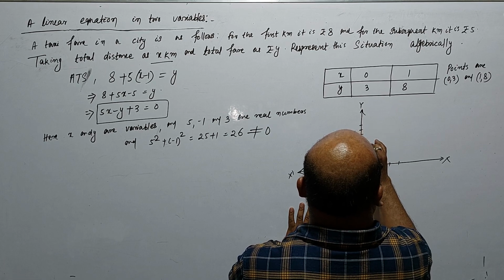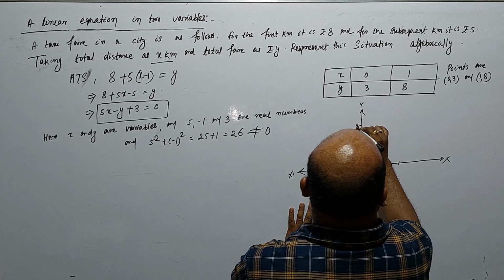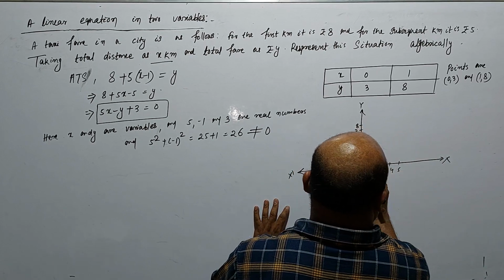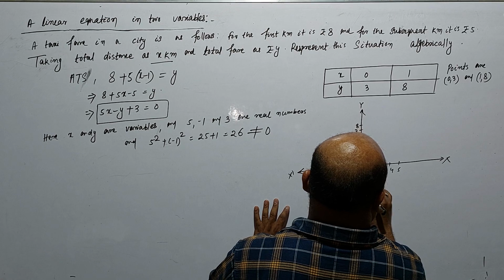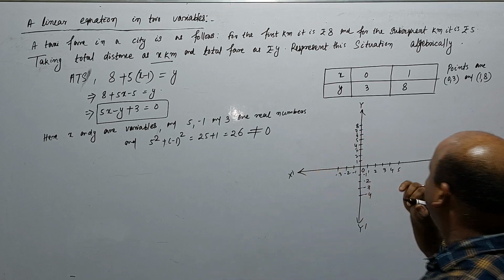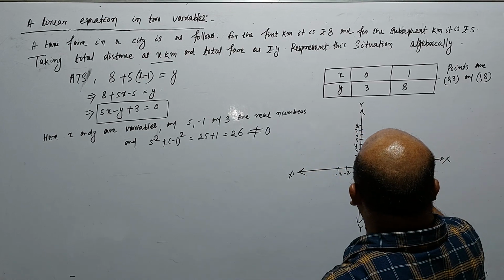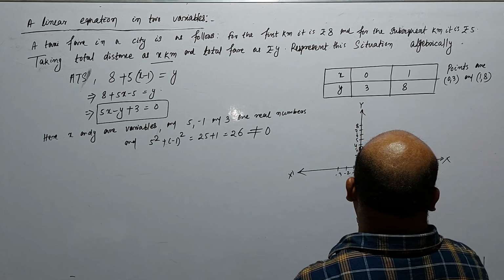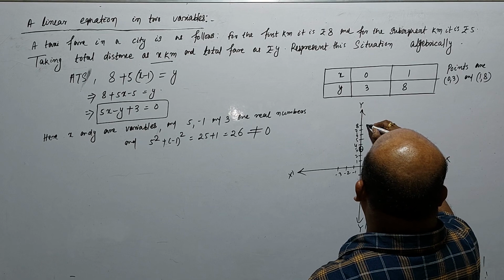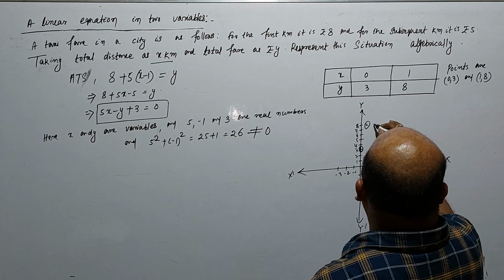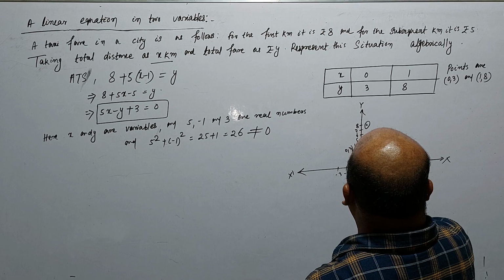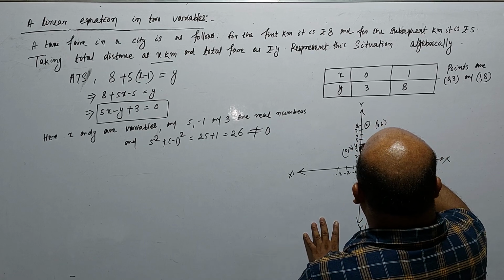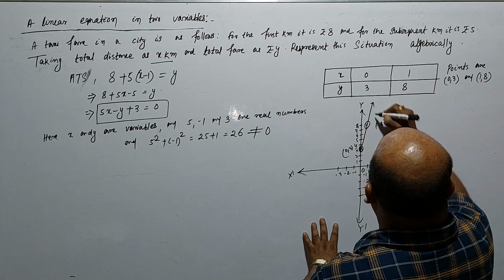Right? So it is 1, 2, 3, 4, 5, minus 1, minus 2, minus 3, minus 4. Right, students? So it is 0, 3. This point 0, 3 and 1, 8. x 1, y 8. This is 0, 3 and this is 1, 8. Join these 2 points.